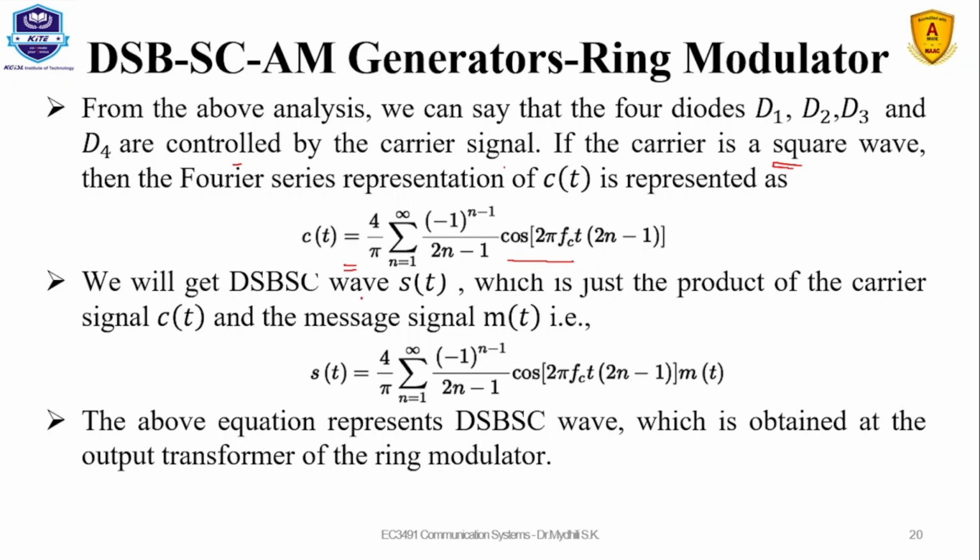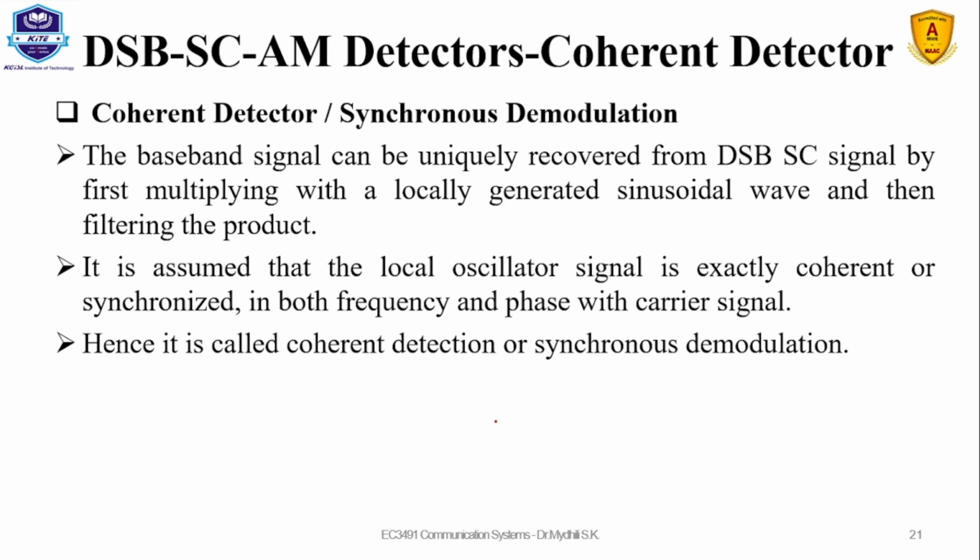So we get the double sideband suppressed carrier wave S of t, which is the product of the carrier signal and the message signal. Multiplying this C of t with the message signal, we get the double sideband suppressed carrier equation obtained at the output of the transformer. That is the operation of the ring modulator.